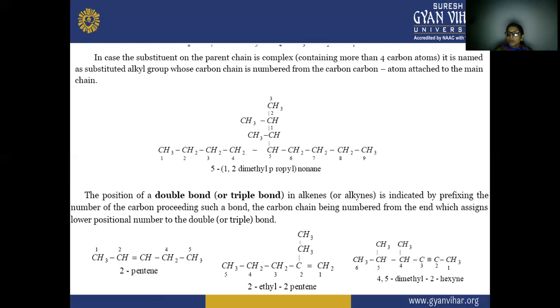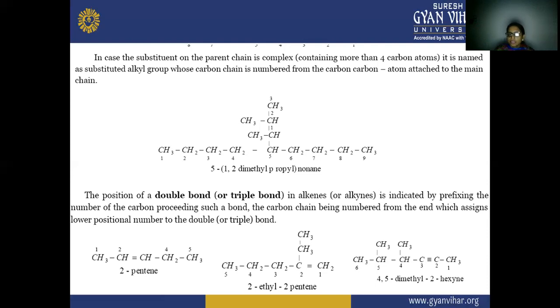So 1, 2, 3, 4, 5, 6, and on the fourth and fifth positions the dimethyl group is attached. So its name is 4,5-dimethyl 2-hexyne.